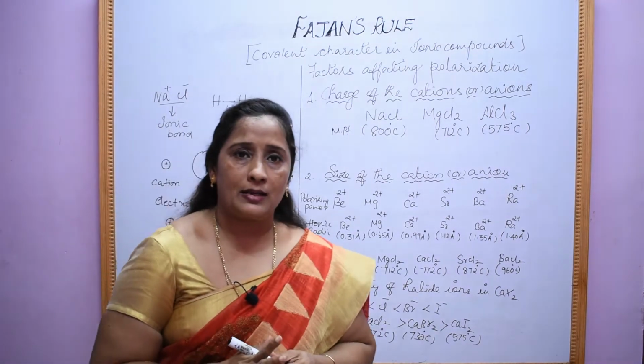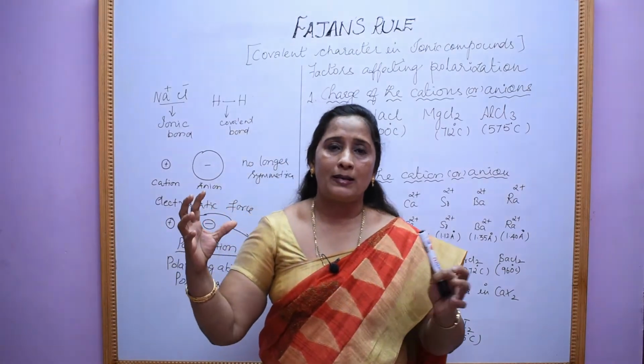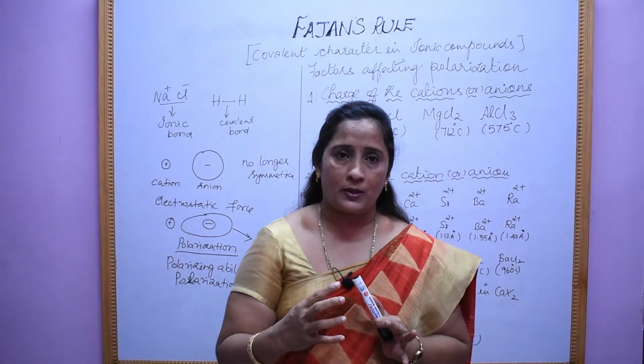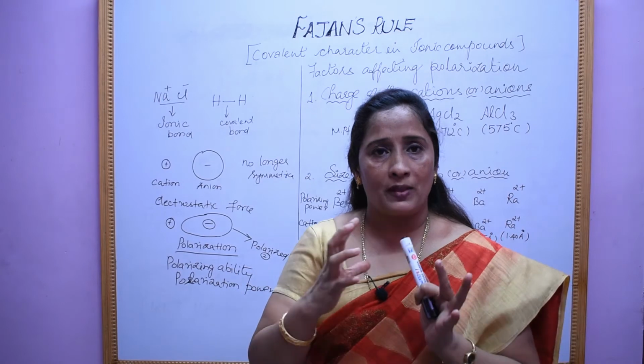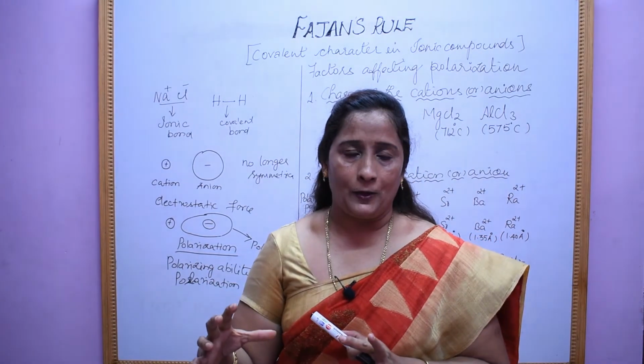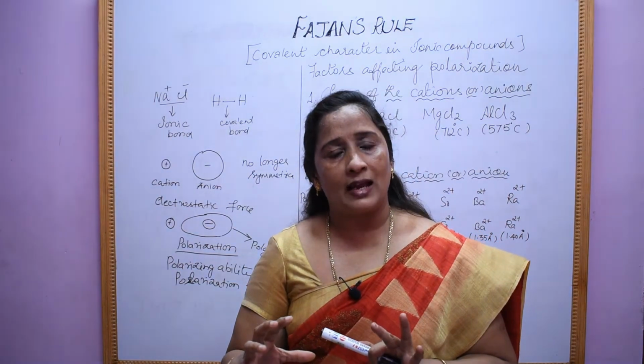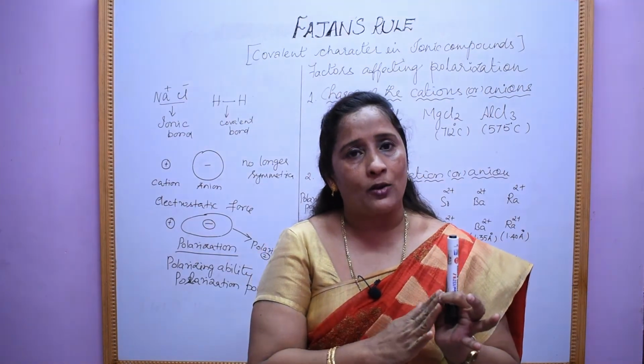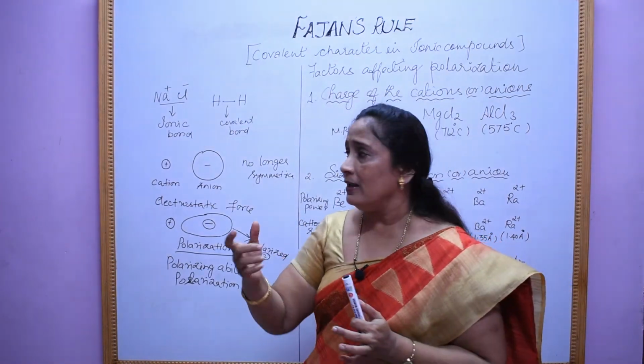So here we have to understand that when the metal cation and anion approach together, the cation is polarizing the anion, and there is another chance that the metal cation can also be polarized by the anion.